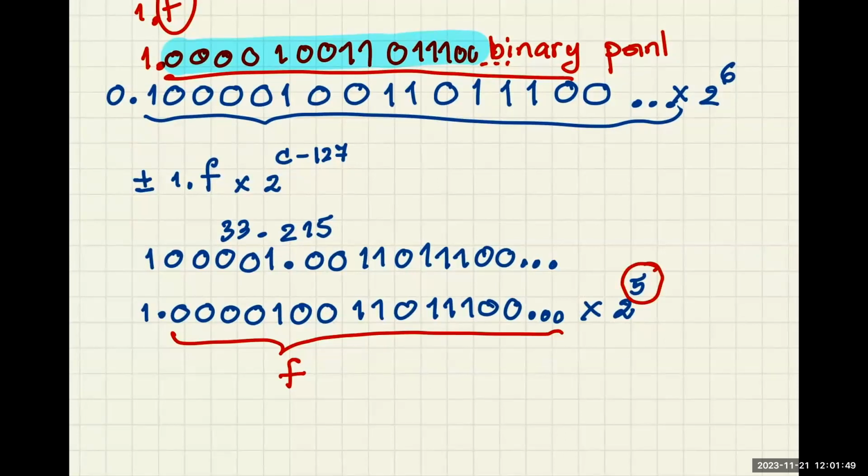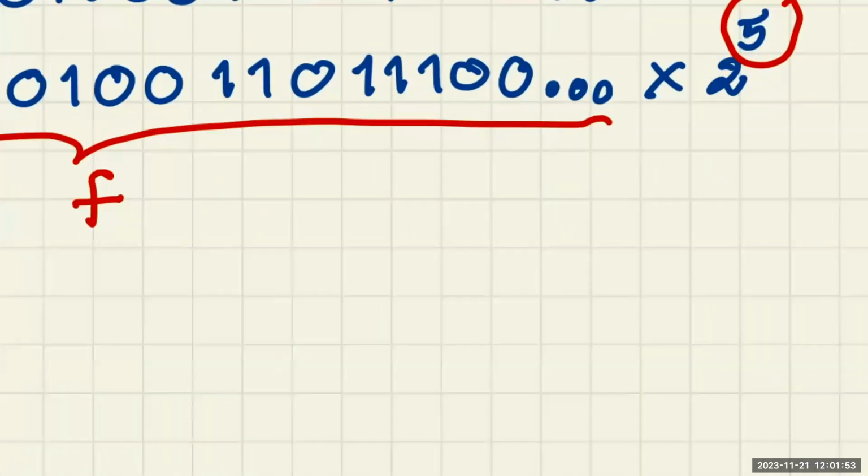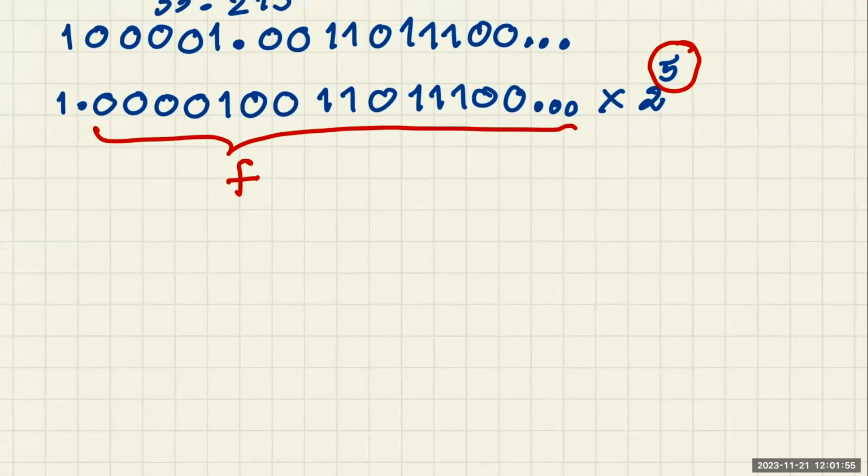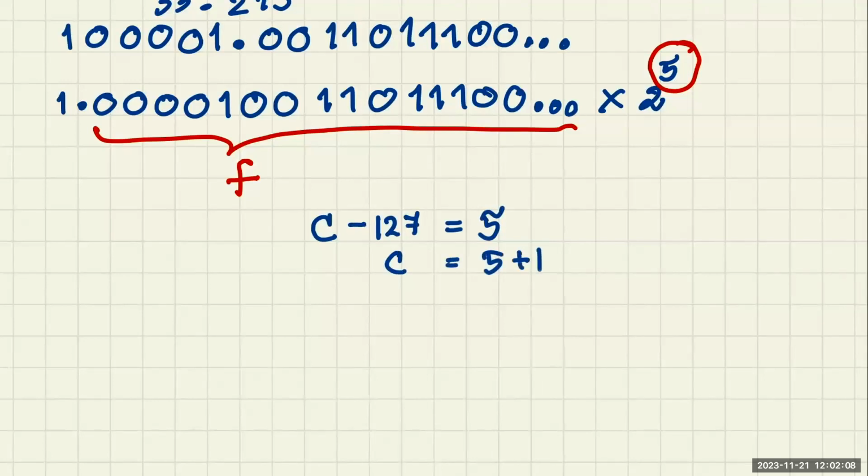But I will not store the number 5. I will store the value C. And we know that C minus 127 in this case is 5, so my value C is just 5 plus 127, which is 132.